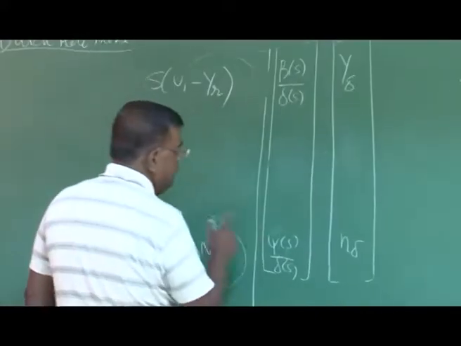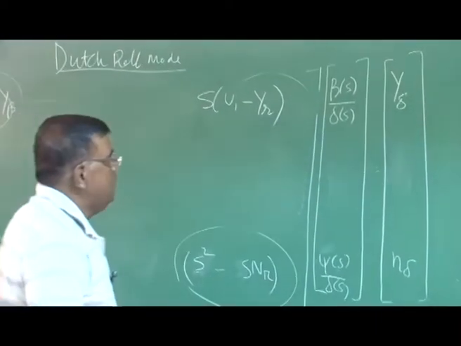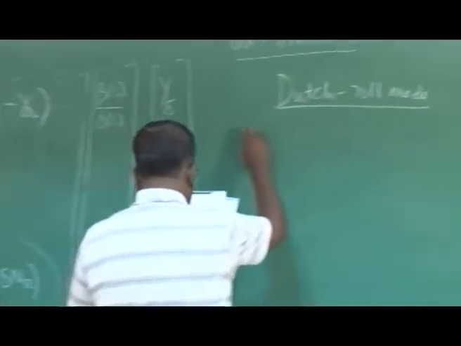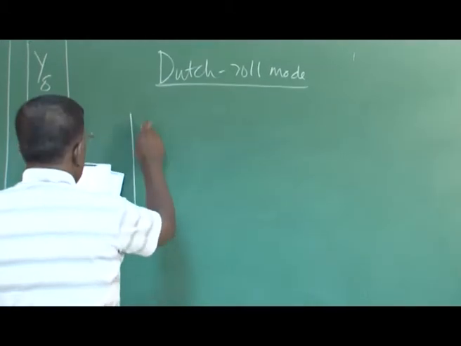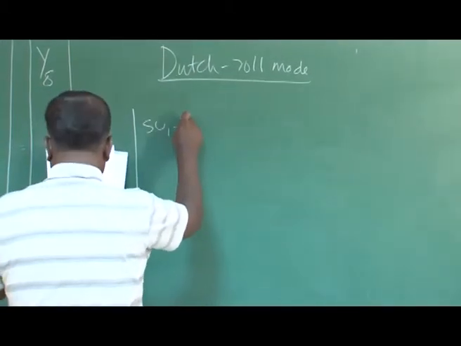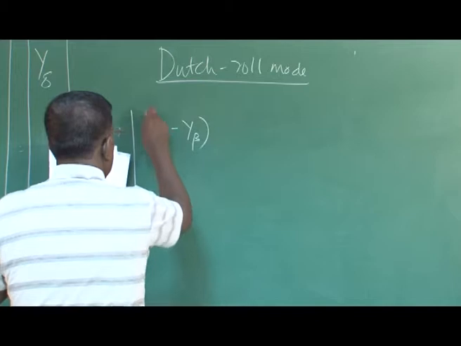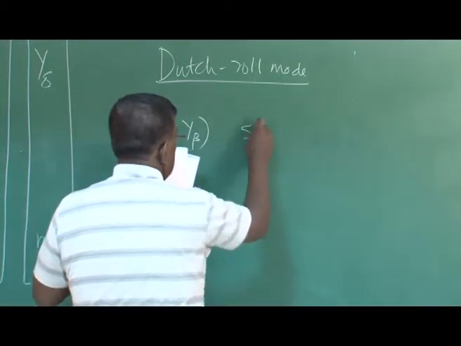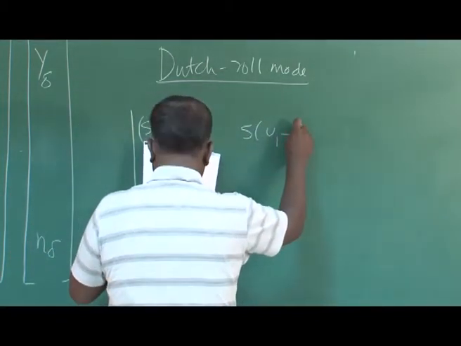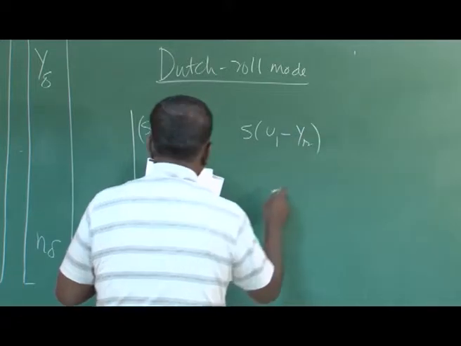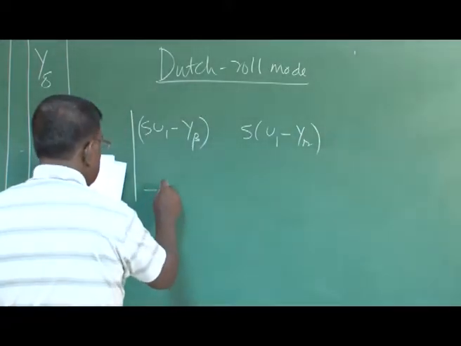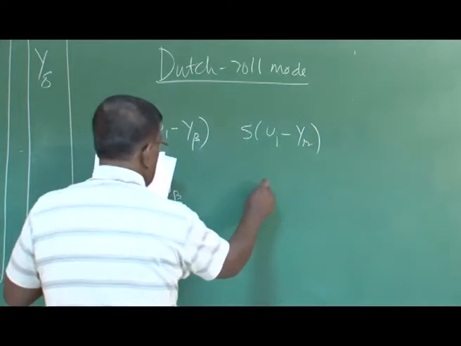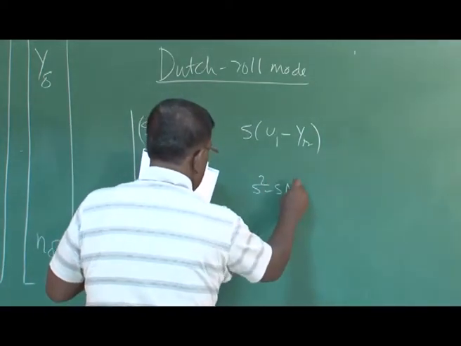Please understand. And the determinant is typically S U1 minus Y beta, S U1 minus YR, and here it is minus N beta and S square minus S NR.